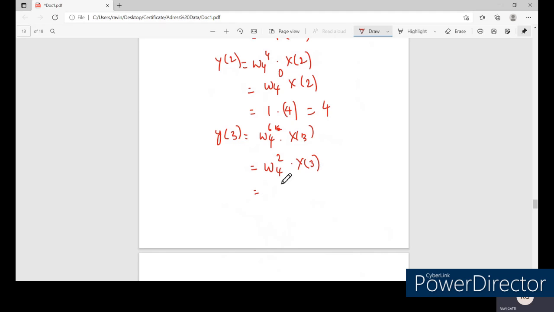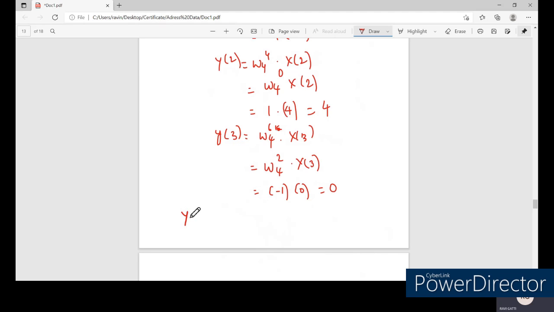Omega 4 to the power of 2 is minus 1, and X of 3 is 0, so the answer is 0.